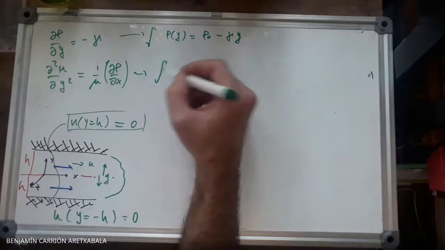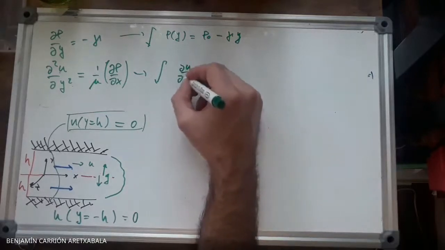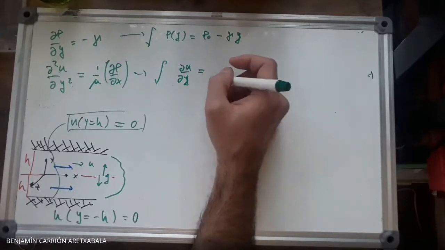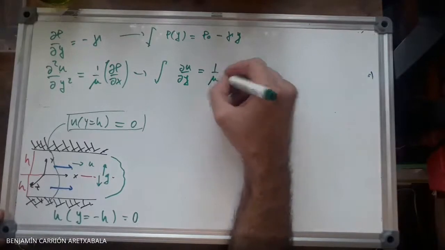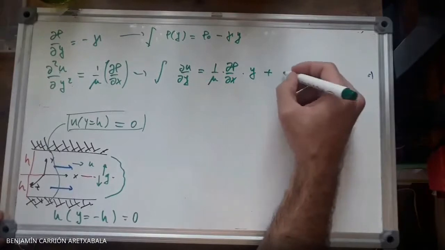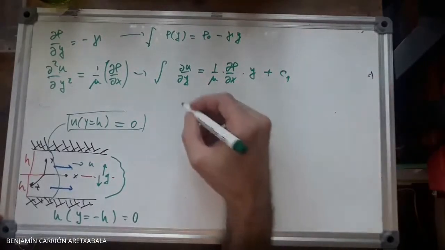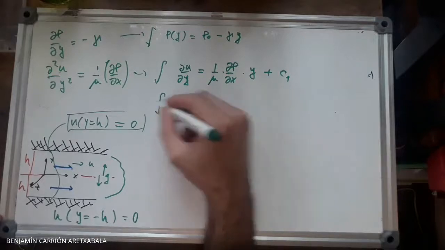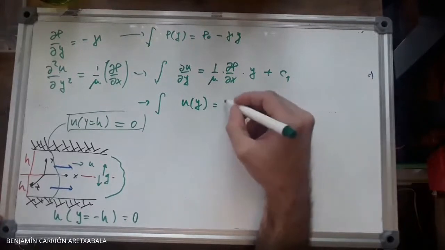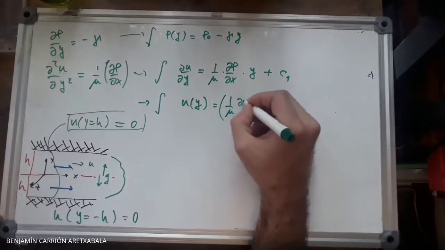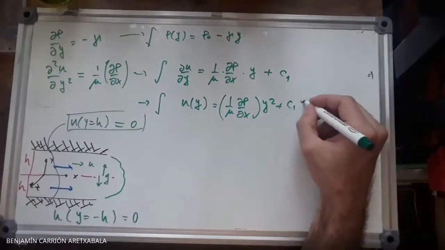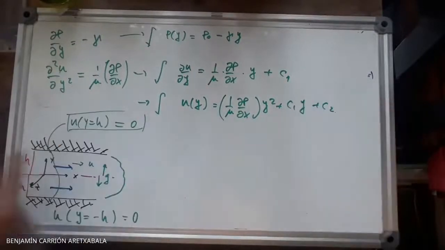And if we integrate this, we get that the derivative of u with respect to y has to be just this bunch, 1 over mu dp at dx times y plus a certain constant. And if we integrate again, we get that u as a function of y has to be this very same thing, y squared times c1, plus y times c2, right?